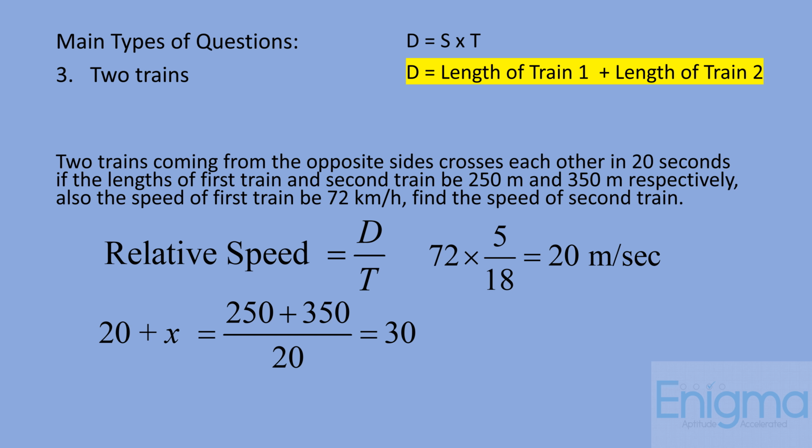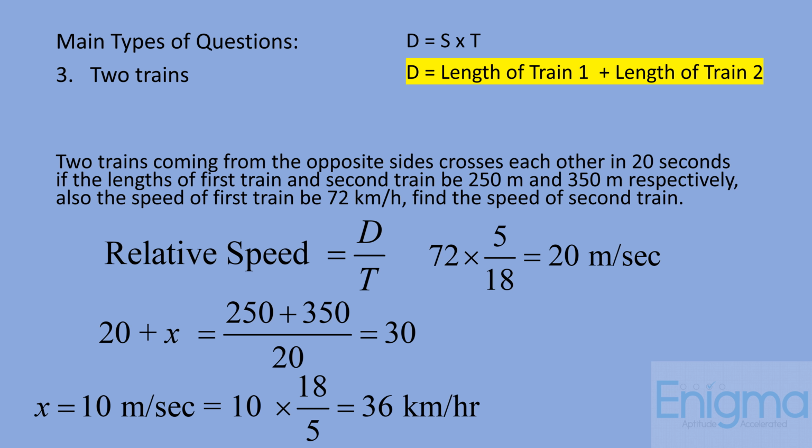So 250 plus 350, that is 600 upon 20, that is 30. That is, 20 plus x is equal to 30. So therefore x is equal to 10 meters per second, or if the options are in kilometers per hour, the answer will be 10 into 18 upon 5, which is equal to 36 kilometers per hour.